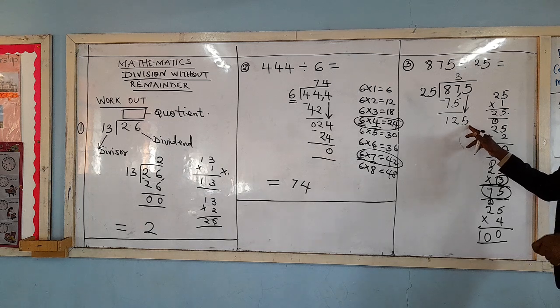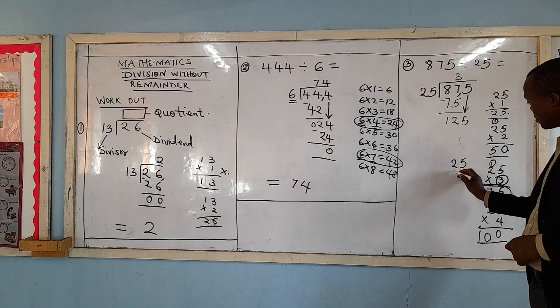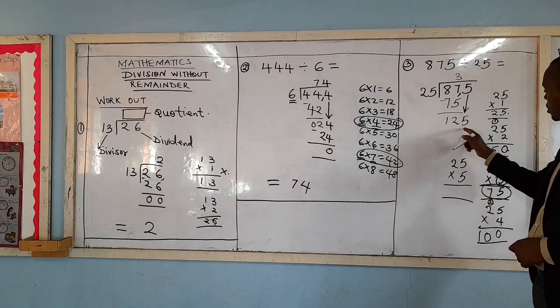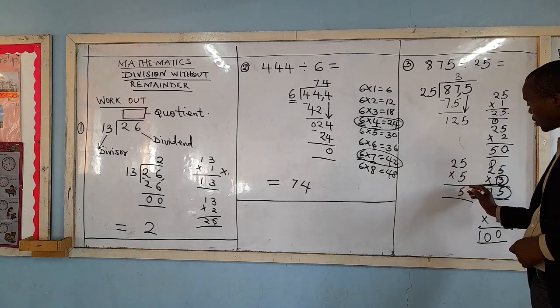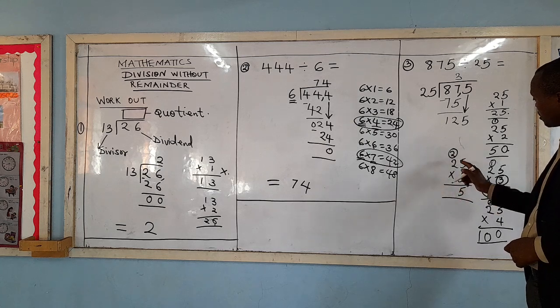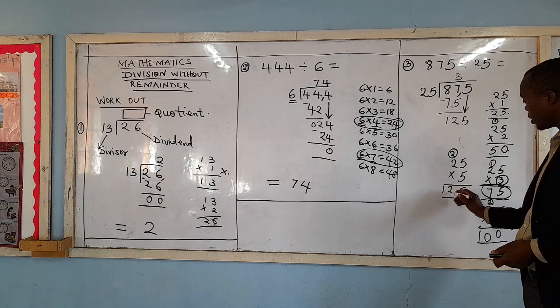So we need to try out working out, let's say, 25 times the 5 and see whether we'll get 125. So 5 times 5 is 25. You write 5, you carry 2, and then 5 times 2 is 10, plus the 2, it gives you 12.